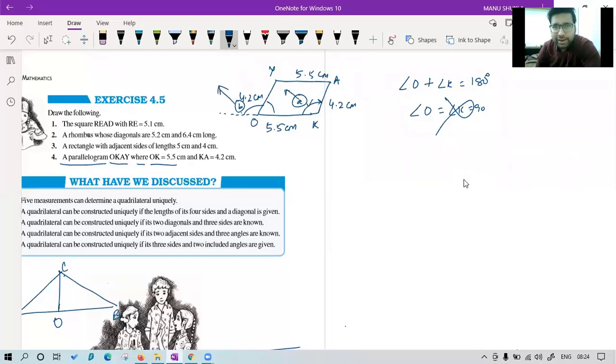If I extend this line, can I say these two are equal? Class, please confirm. In a parallelogram, can I say that this angle is equal to this angle? Yes. Now tell me which property we are using if we are saying so. It is very simple. Please tell which property we are using if we are saying that this angle small a is equal to this angle small b. What is this property called?